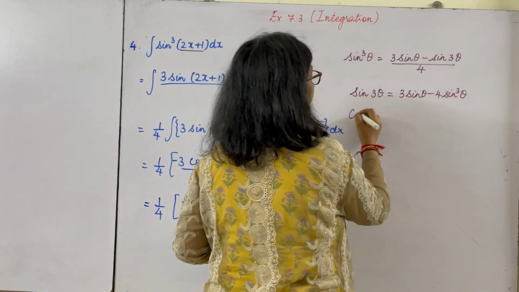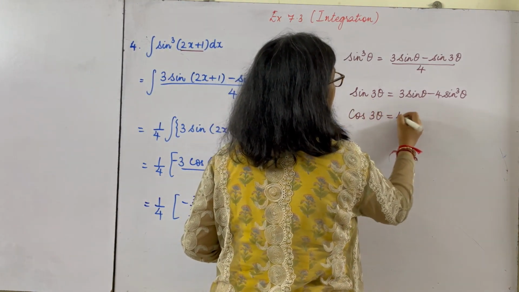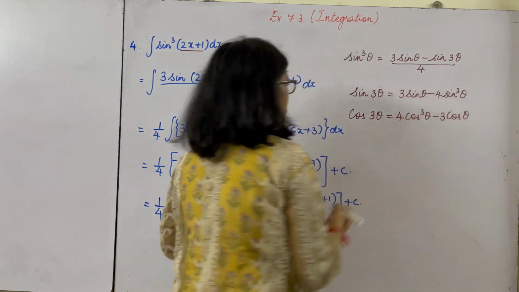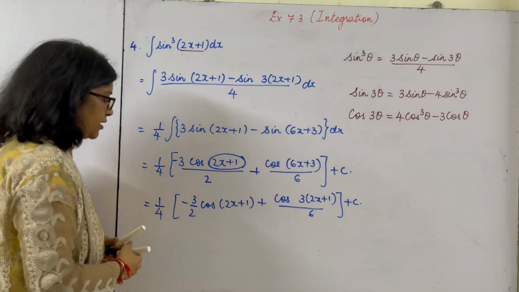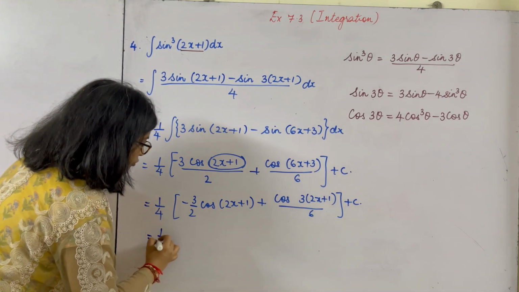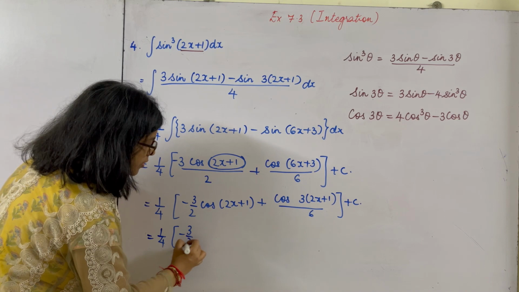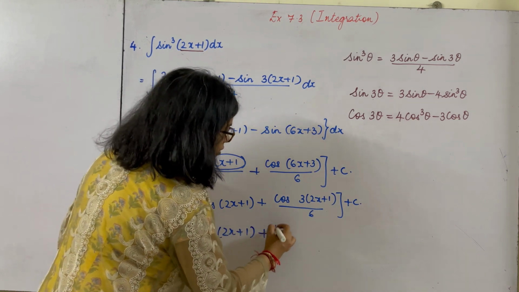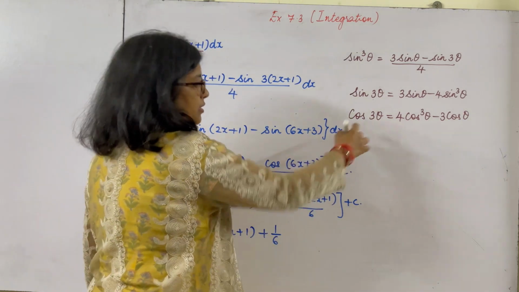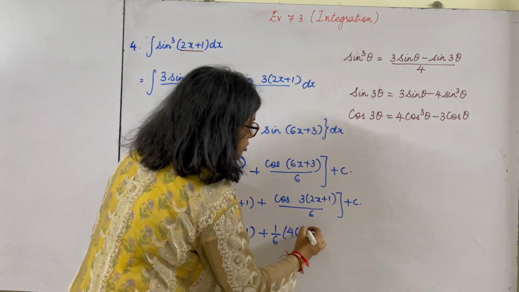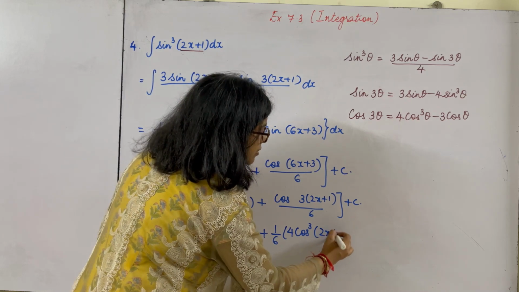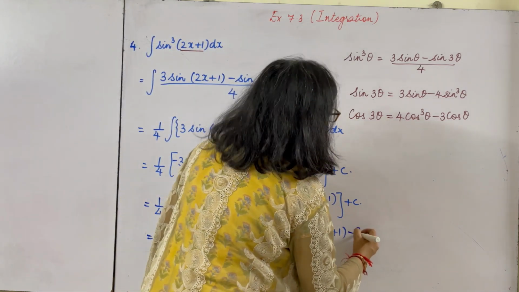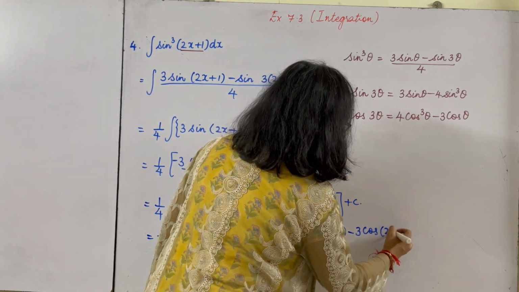It is cos 3 theta is 4 cos cube theta minus 3 cos theta. And so putting this formula here, we have 1 by 4 into minus 3 by 2. This value will remain same. Over here 1 by 6 into 4 cos cube of the angle 2x plus 1, it is 3 theta, okay, minus 3 cos 2x plus 1.